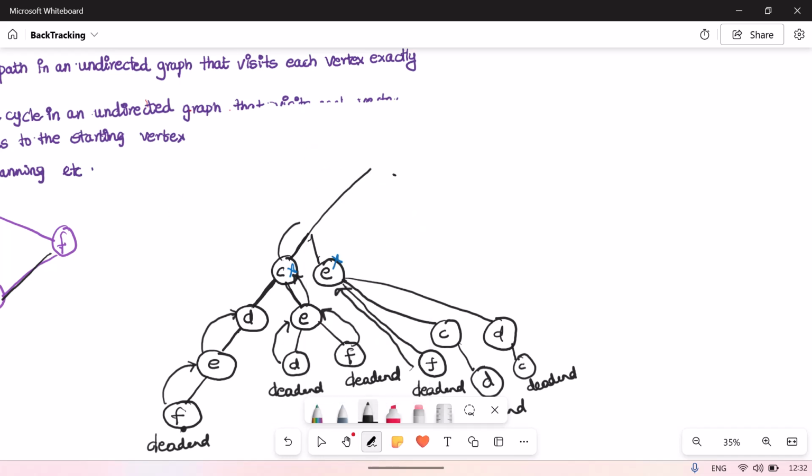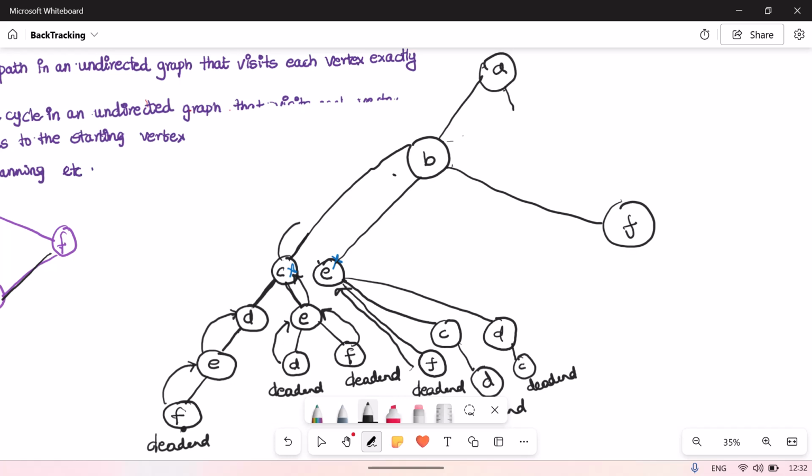So B. From B, I could go to C or E or to F. This was previous step A. From A, I could go to C or D. Okay. So A, B to F.